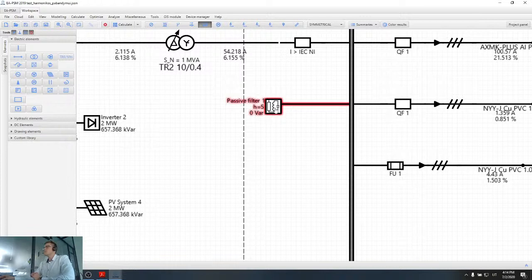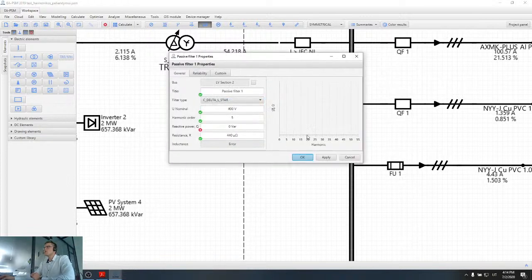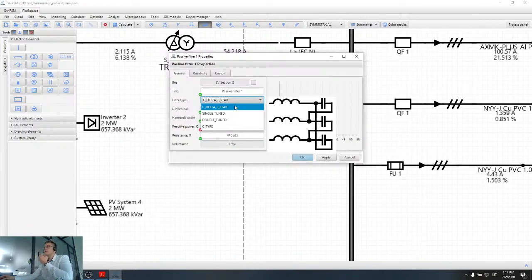When I open the tuned harmonic filter, first of all, the software asks me to select the filter type, and there are different types. For example, it can be a C delta L star connected filter. This filter has inductances connected to the ends of capacitors connected in delta connection.